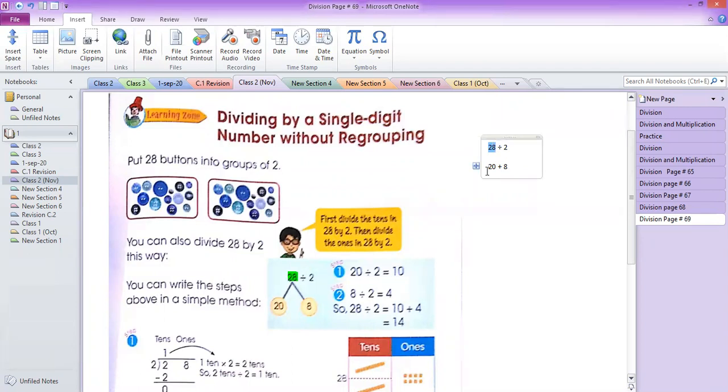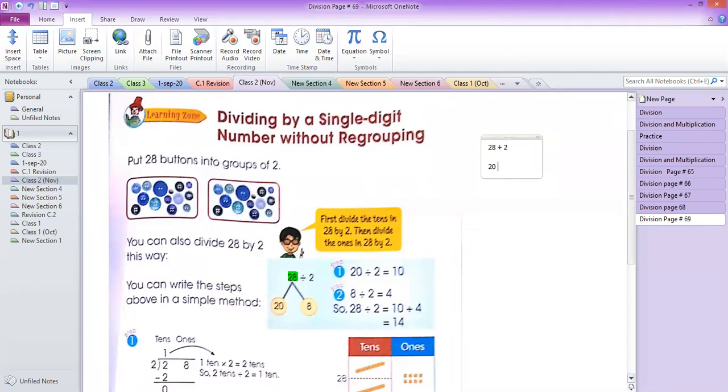So I can say 28 equals 20 plus 8. Now I expand it. Why do I need to expand? Because to divide 28 by 2 is difficult for me. If it is 20, it is very easy for me.